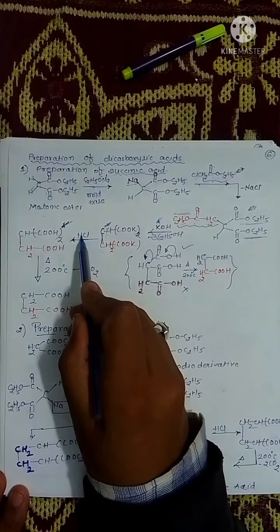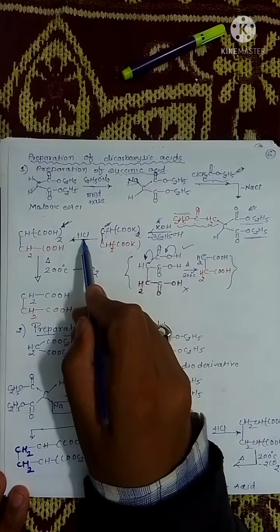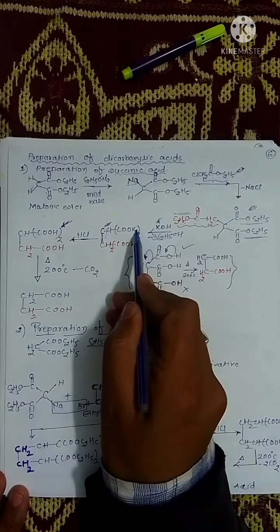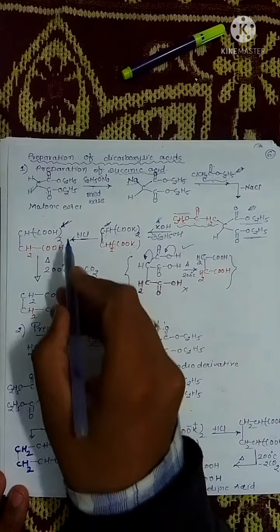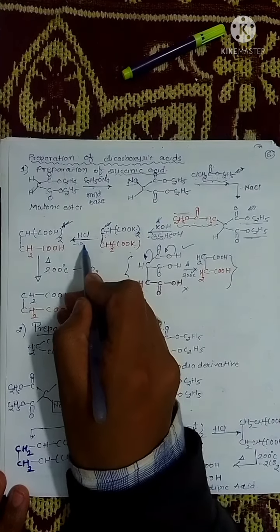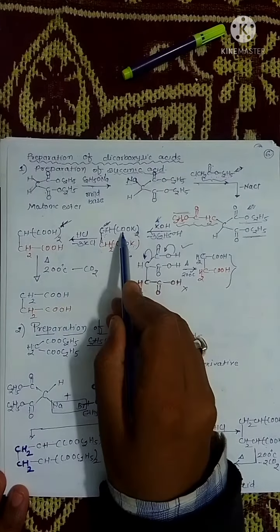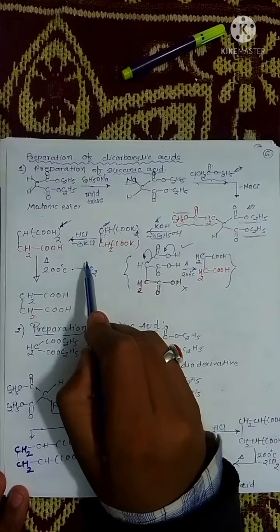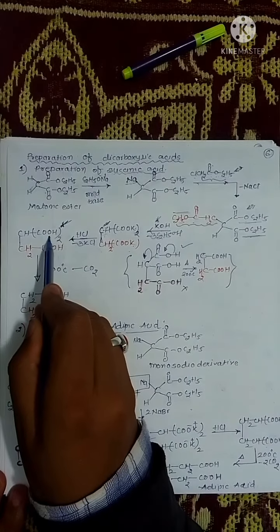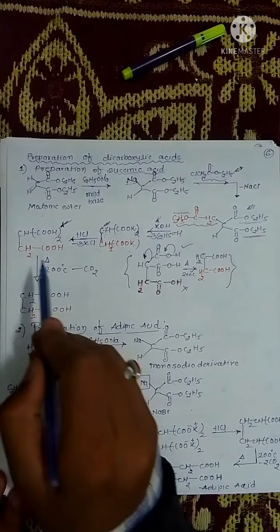Now we know that if we treat a potassium salt with HCl, potassium is replaced by a hydrogen atom, so minus 3 KCl here, and all the COOK is converted into COOH.